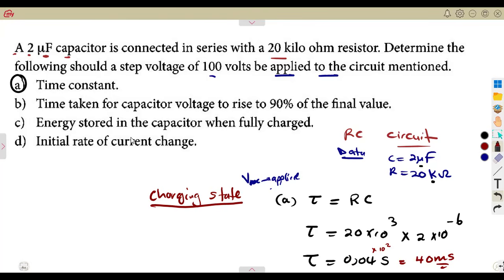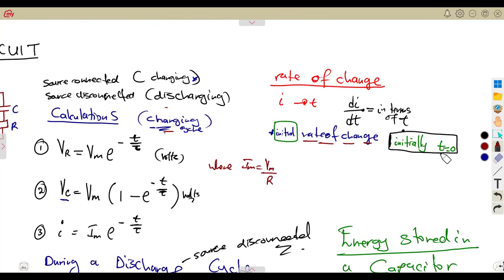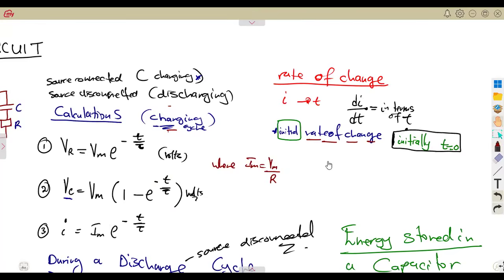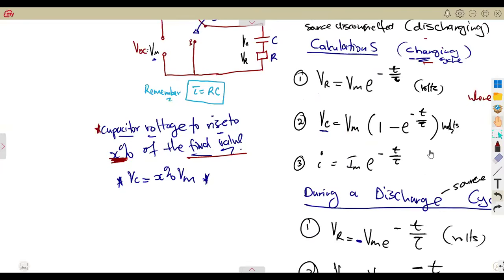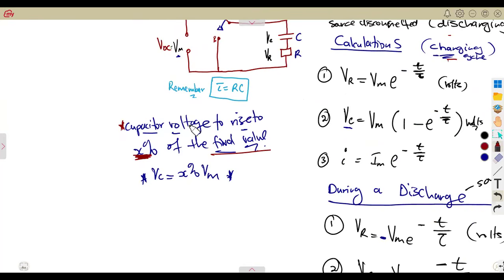It's an RC circuit. B, the time taken for a capacitor voltage to rise to 90% of the final value. I think I discussed that also. If we still remember when I was talking about a certain X percentage that can be given, that a capacitor voltage rises to X% of the final value, it means VC is X% of VM.